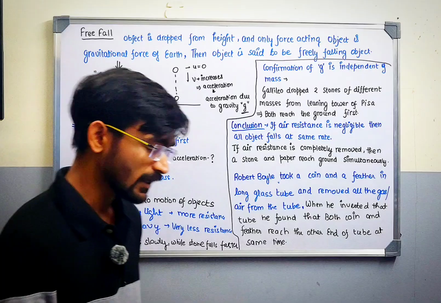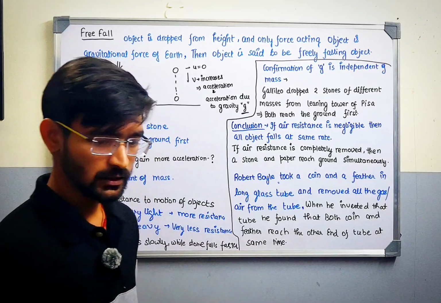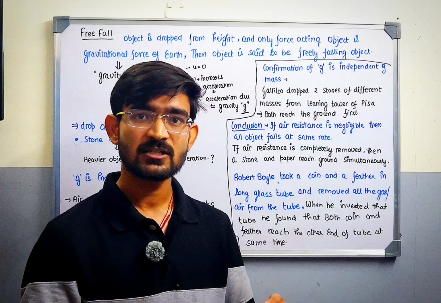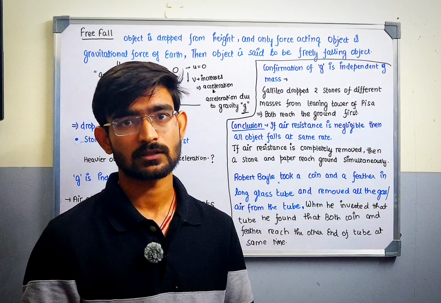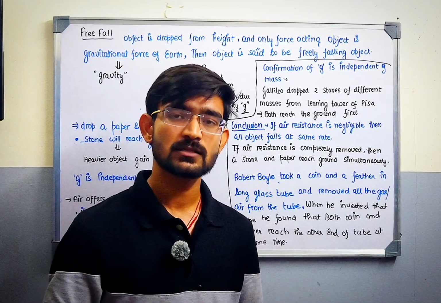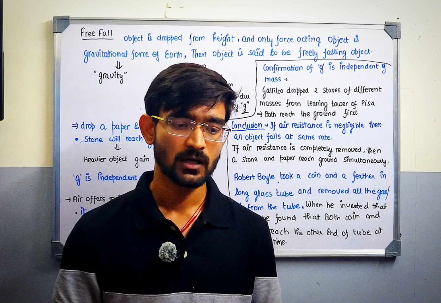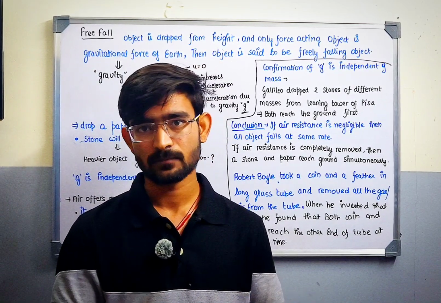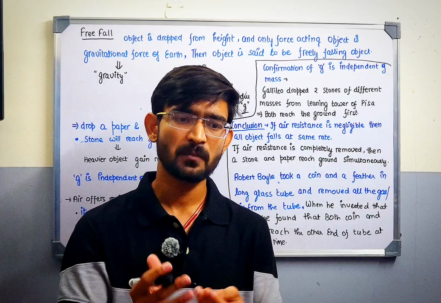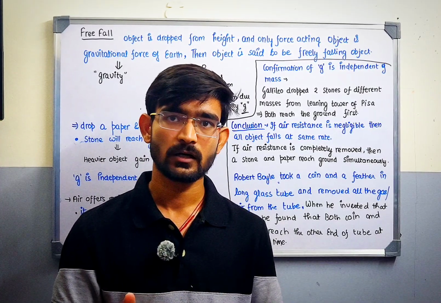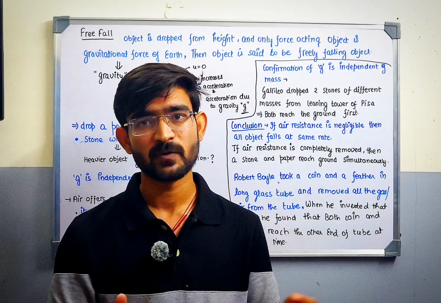So here, when you drop something, air resistance works on these objects, and this air resistance depends on the density and surface area of the object. If the object is heavier, meaning more mass is concentrated in less area, then air resistance on that object will be negligible.